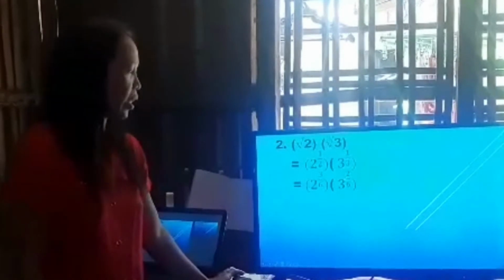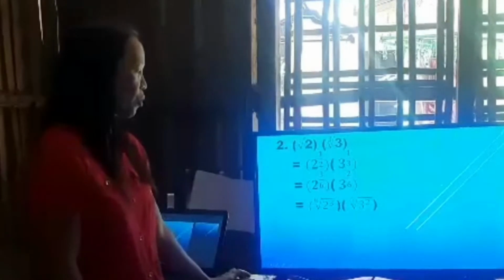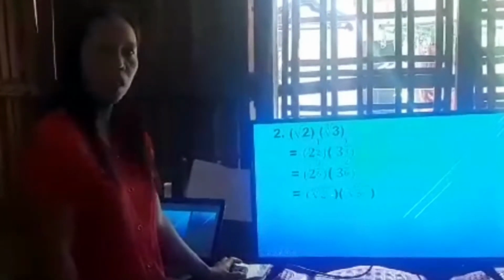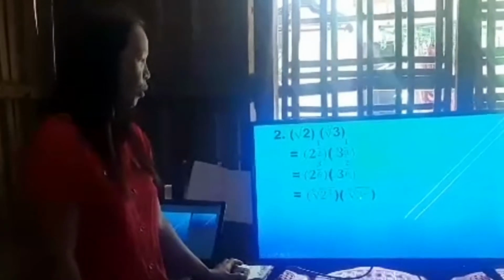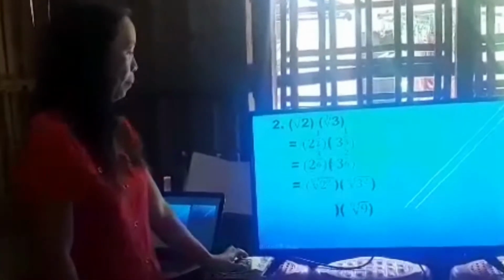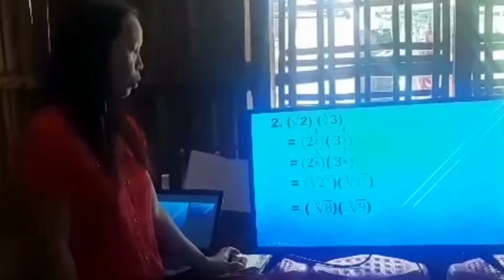Since we now have the same roots, which is 6, we can multiply. Transforming back to the original form, we have the 6th root of 2 to the exponent 3 times the 6th root of 3 to the exponent 2. 2 to the exponent 3 is equal to 8, and 3 to the exponent 2 is equal to 9.